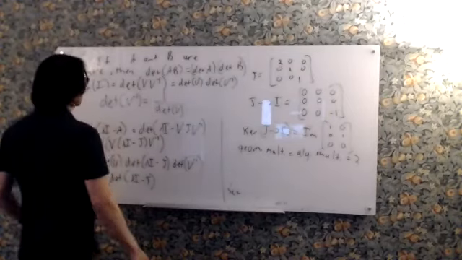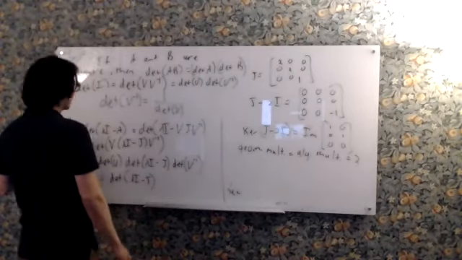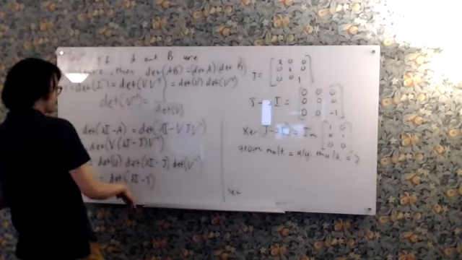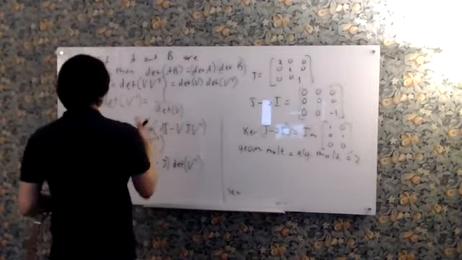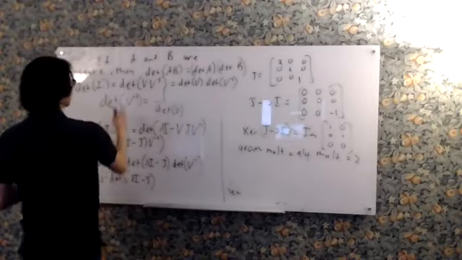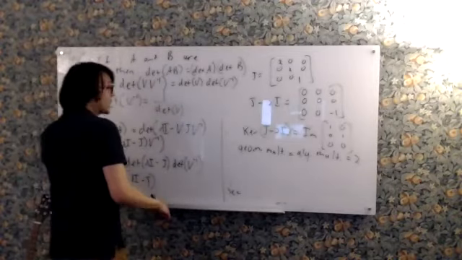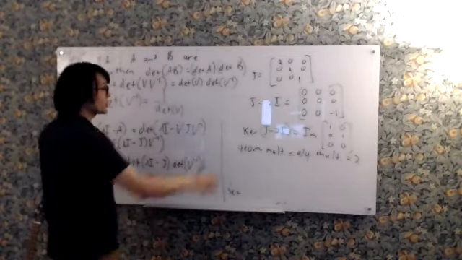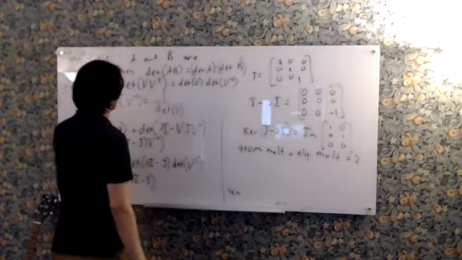Right. So the key thing here is we can reduce the questions about the behavior of the system to questions about this Jordan matrix here.